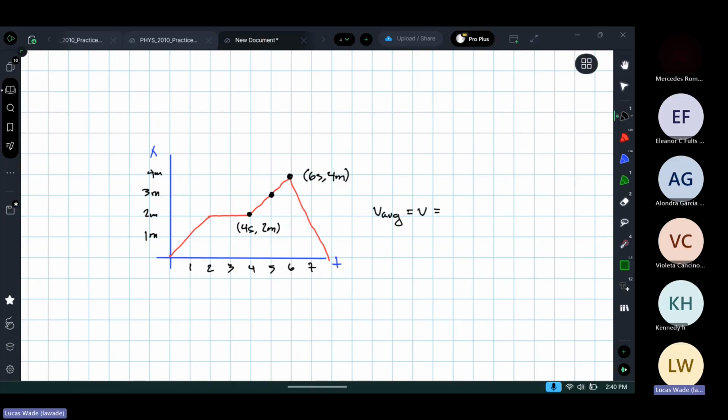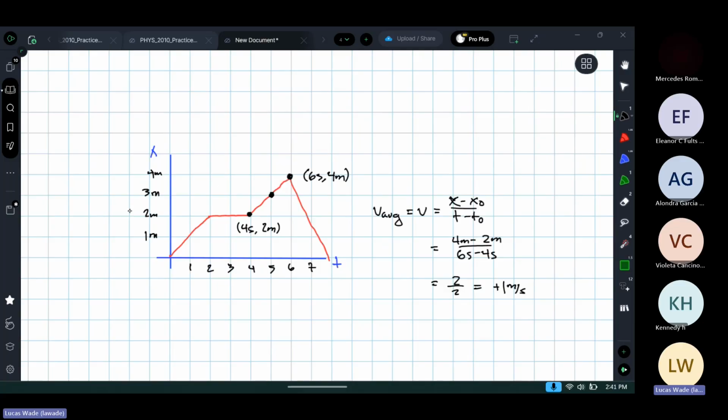Both of those I can calculate as final minus initial, displacement over time. And so that'll be 4 meters minus 2 meters over 6 seconds minus 4 seconds. And that'll be 2 over 2. So 1 meter per second. It is positive, meaning it is in the positive direction.